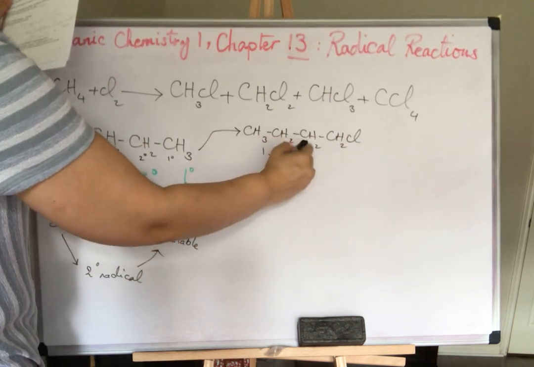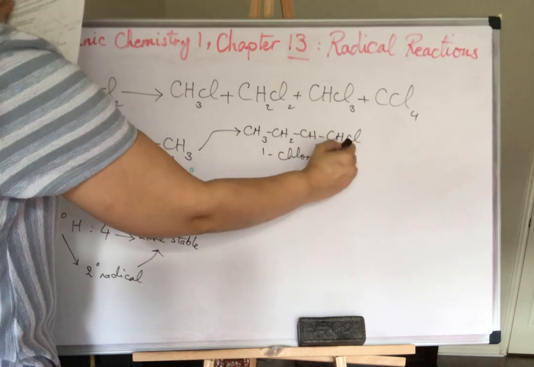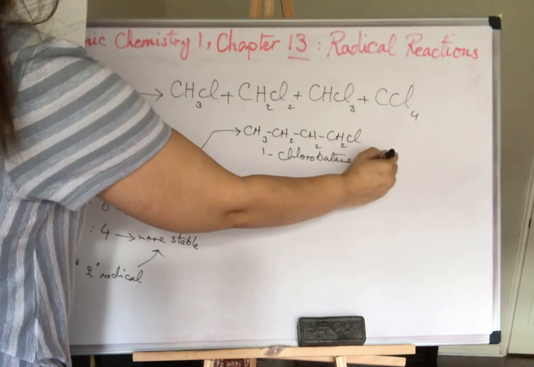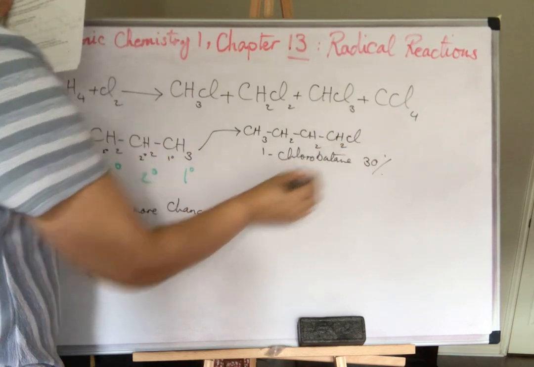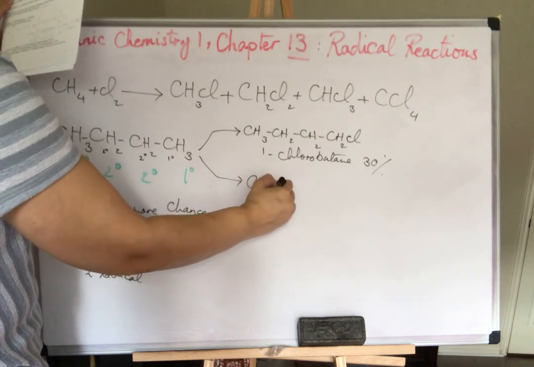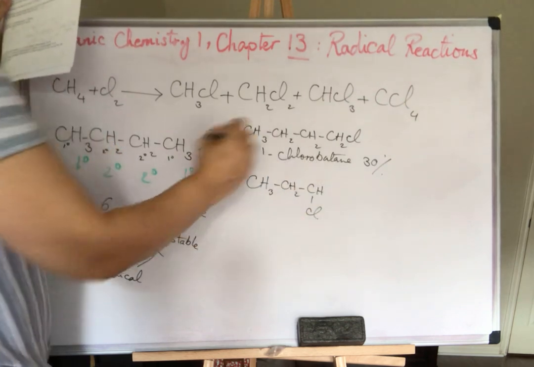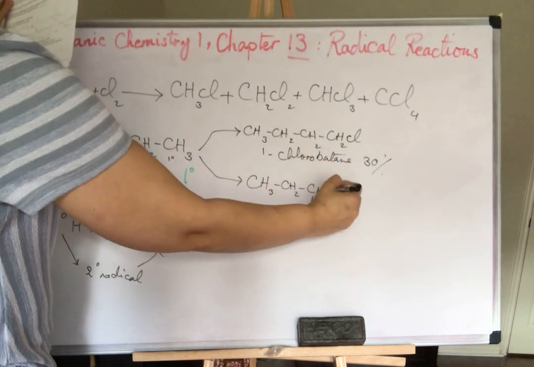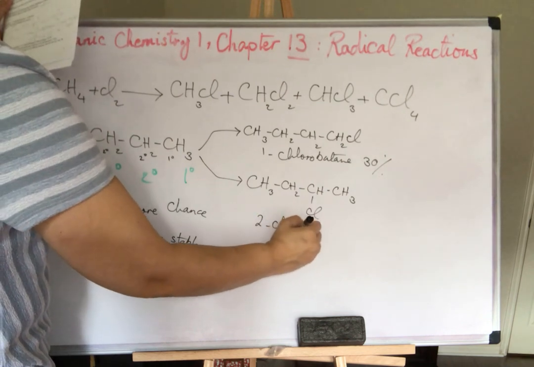1 chlorobutane. The studies show that 30% of the product is 1 chlorobutane, and if one of these secondary hydrogens is replaced by chlorine, then you will have 2 chlorobutane.